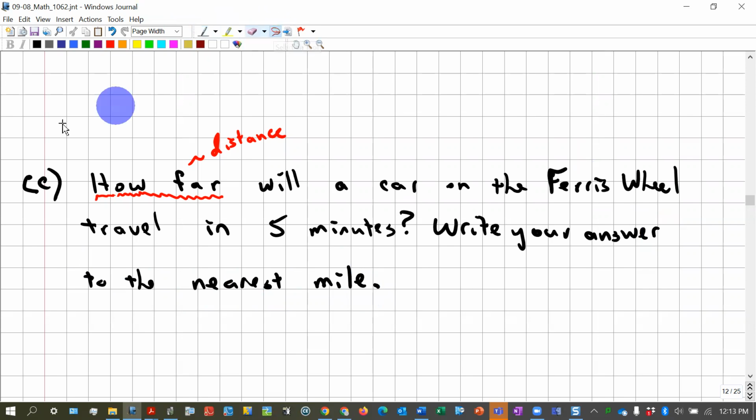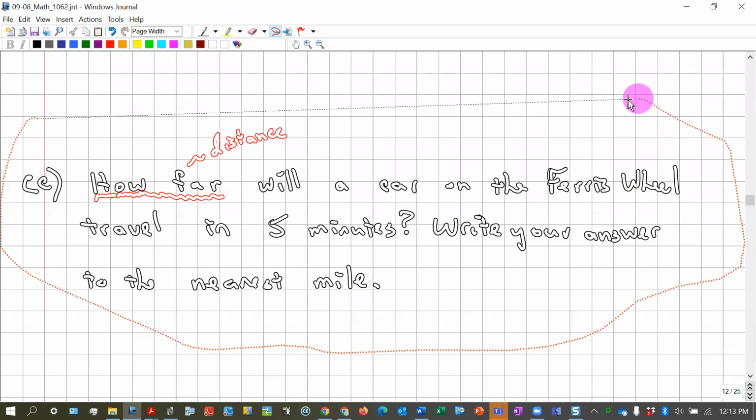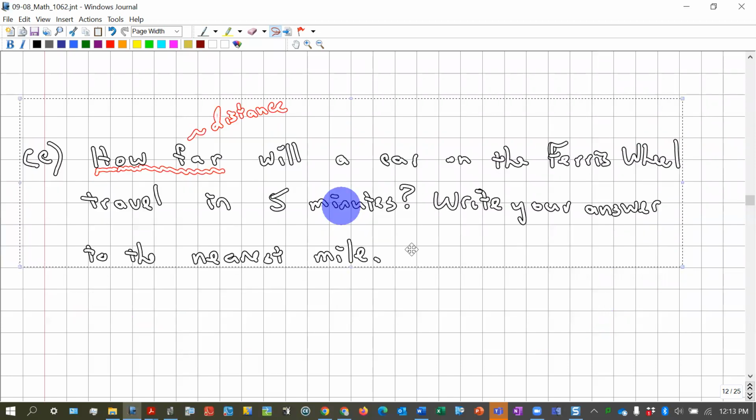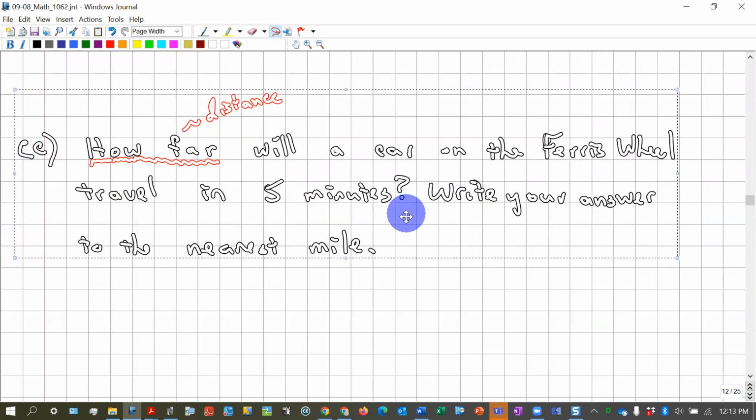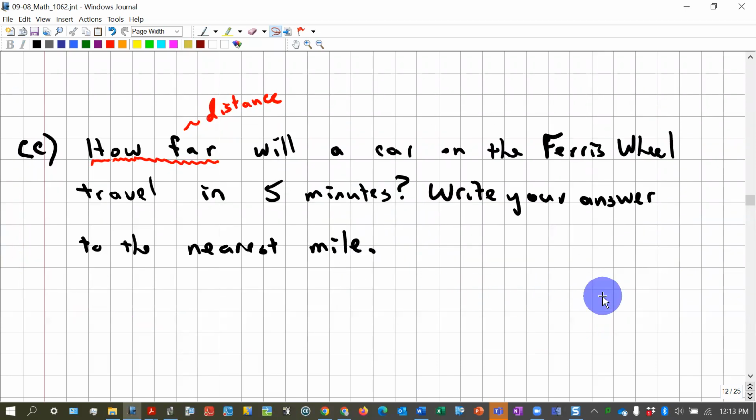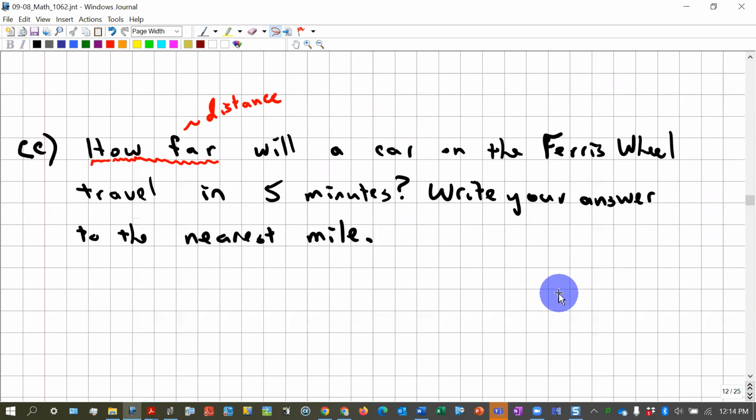Let's pretend we haven't done the problem we just did. If we already have done it, we could use that answer to help us figure out this answer. But we're going to start the same way, right? So the facts that we know is that the radius is 30 feet. We know that 1 revolution takes 70 seconds.